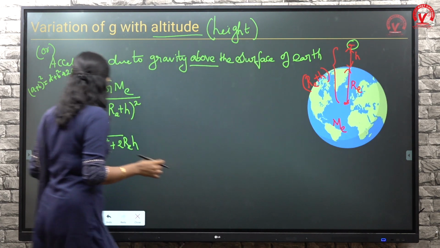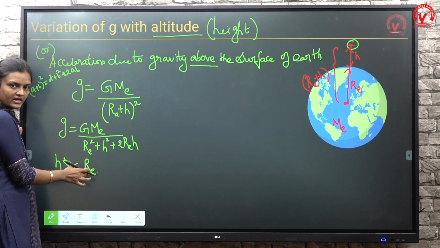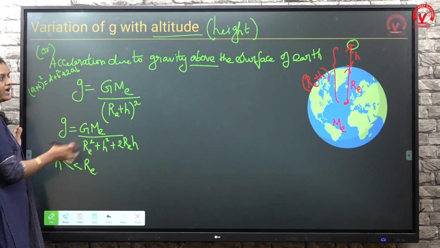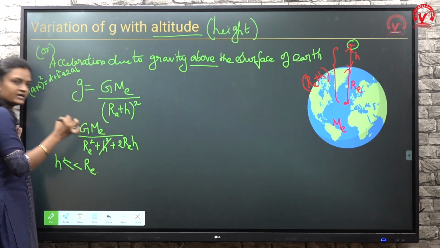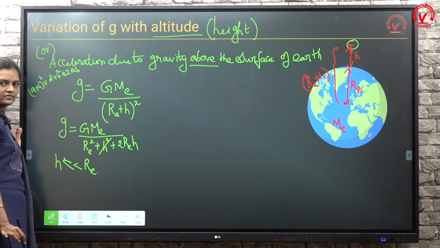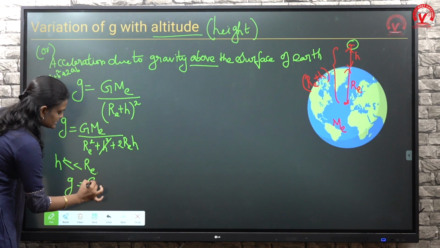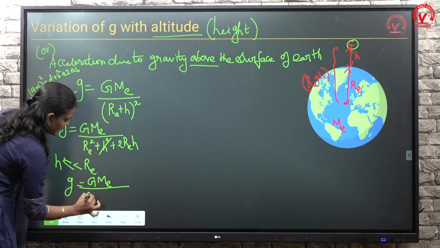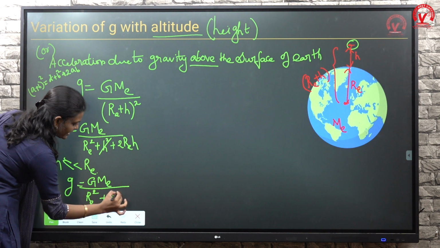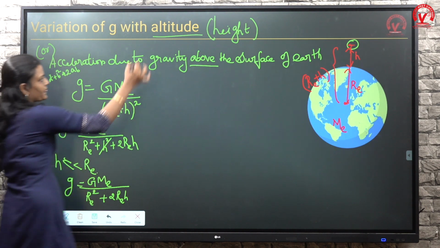So I am saying Re is very large compared to the height of the object, so I am going to neglect the higher power of h here. So we can write g is equal to G Me divided by Re square plus 2 Re h.